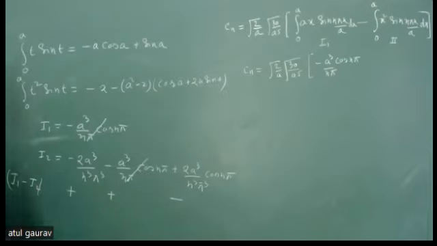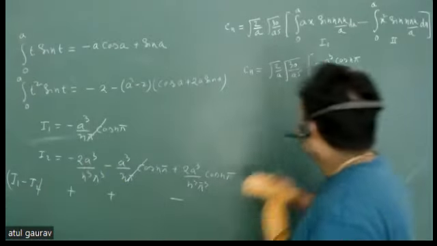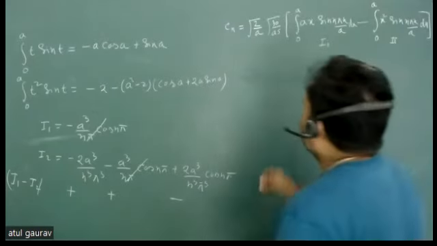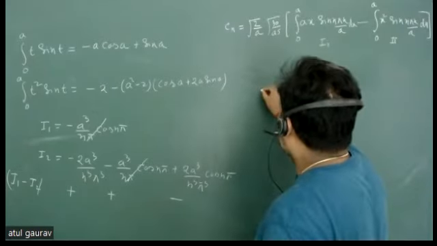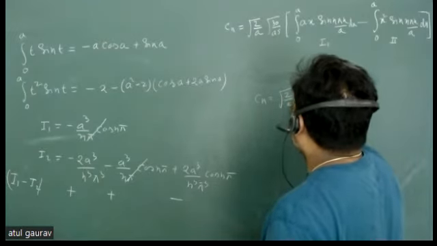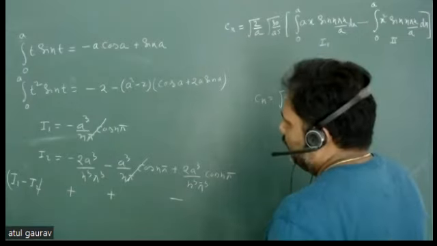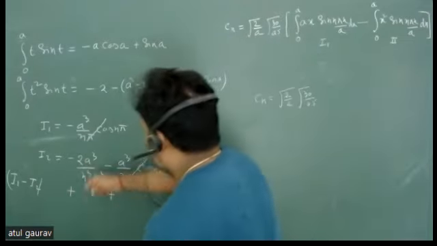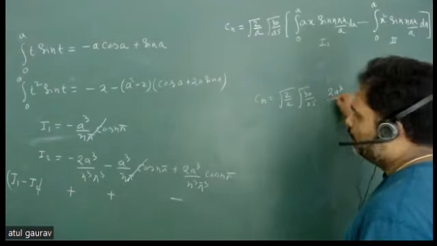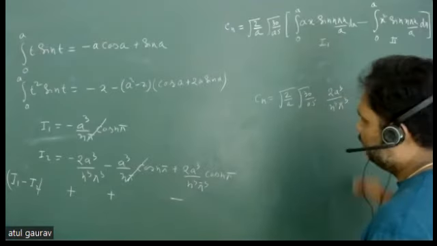So if we are going to calculate I1 minus I2, then Cn is equal to root under 2 upon a, root under 30 upon a^5, and this value 2a cube upon n cube pi cube I can take common.